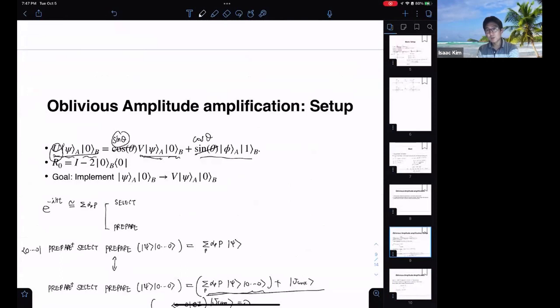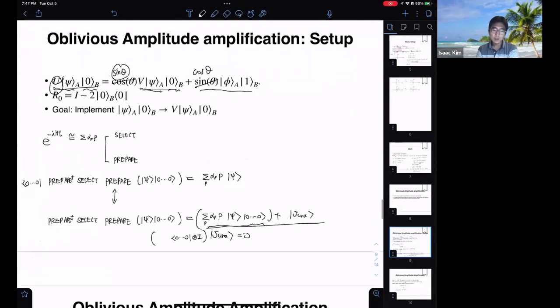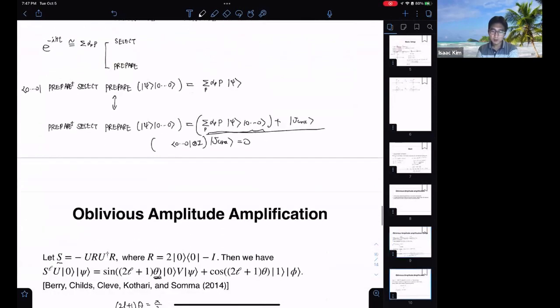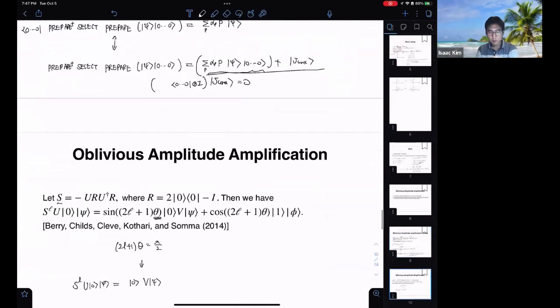So once you do that, what you would do is simply add another single qubit to make the new theta be pi over 2 divided by an integer. And then you can apply the oblivious amplitude amplification to boost the probability exactly equal to 1. Okay, so are there any questions so far?